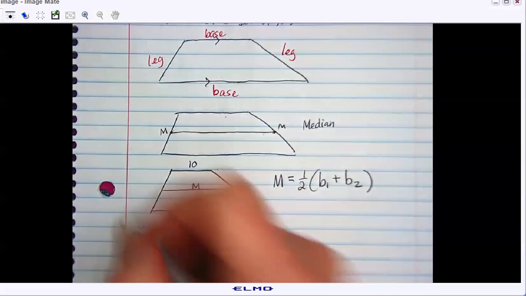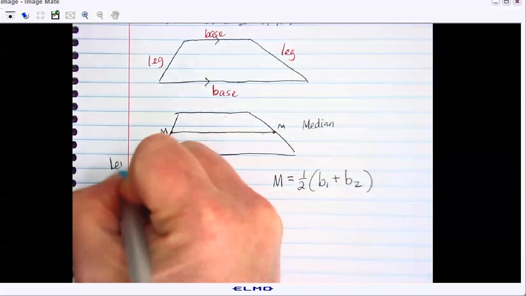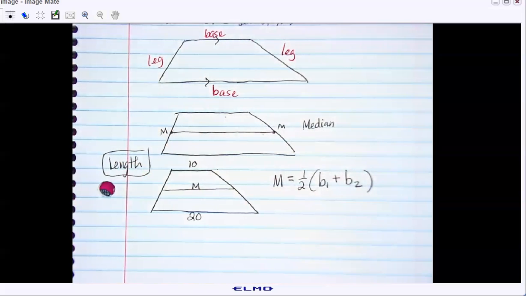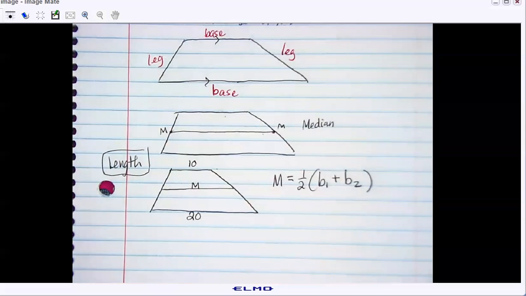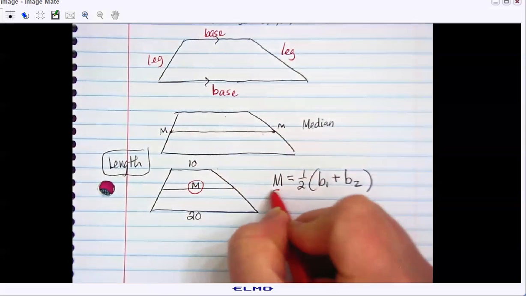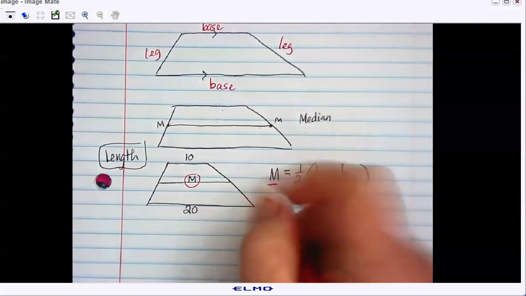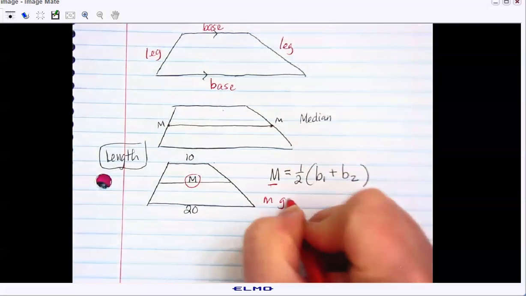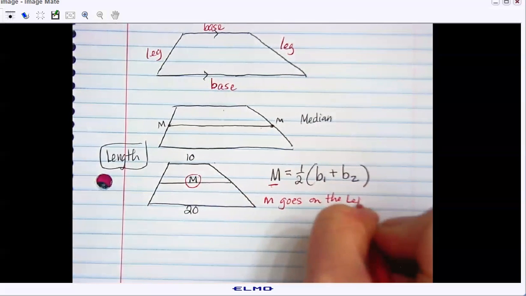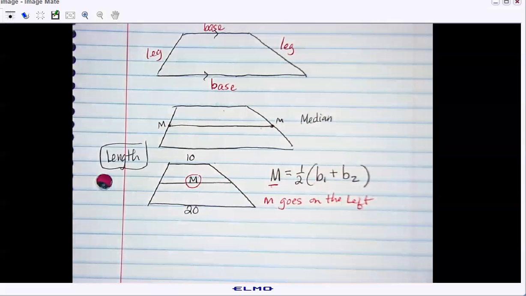So this is where we're trying to find the length, because we'll get to angles in a few minutes. So let's plug it in. So remember, the M always goes on the left side.